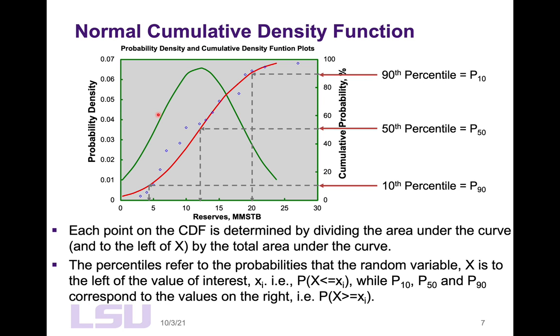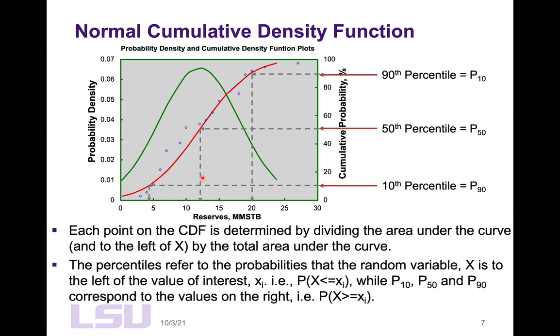The important point is that for any given small xi, right, any given point, say 10, you're looking at the area under the curve to the left. So to the left of x equals 10, it will be this area here, and then you divide it by the total area. And this middle point here, which is about 12, the area will be half, right?